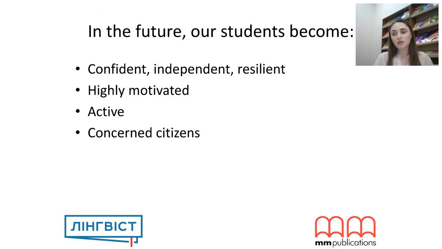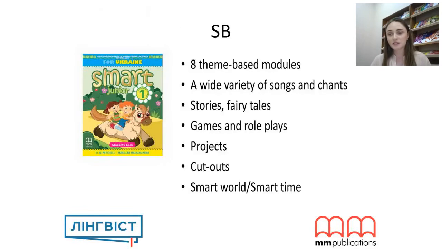Smart Junior consists of 8 theme-based modules. Each module includes a wide variety of songs and chants, stories, fairy tales, games and role plays, projects which promote communication, cutouts at the end of the book, and there are pages with smart world and smart time, and there are also alphabet and phonics at the end of this book.